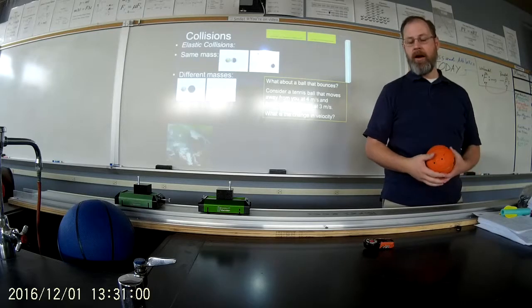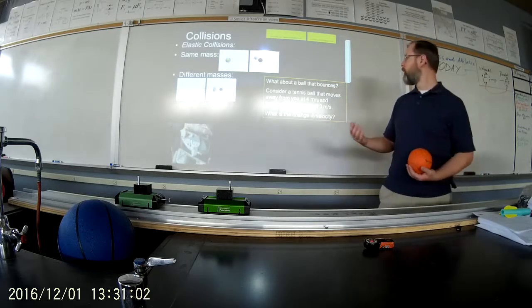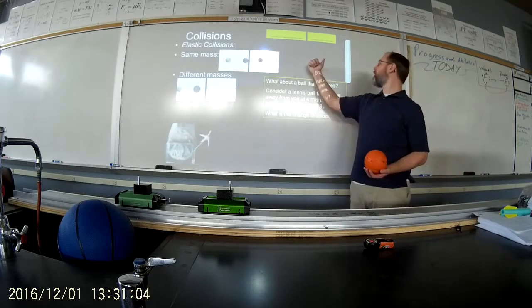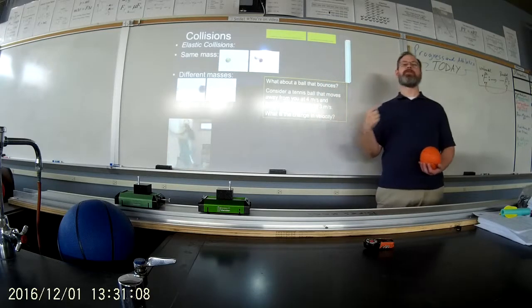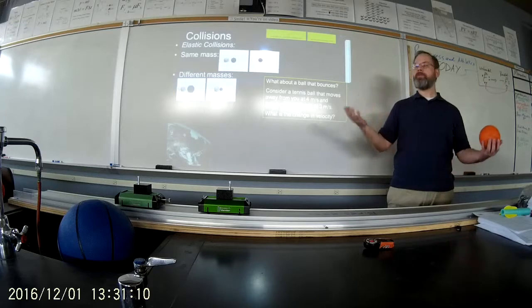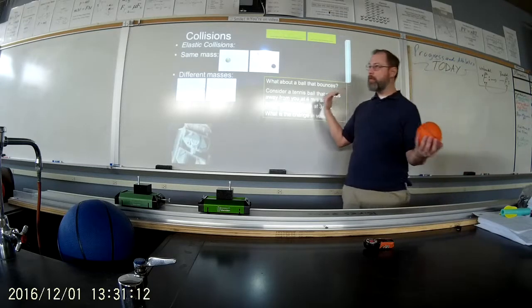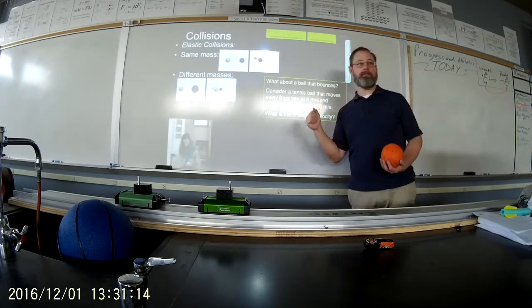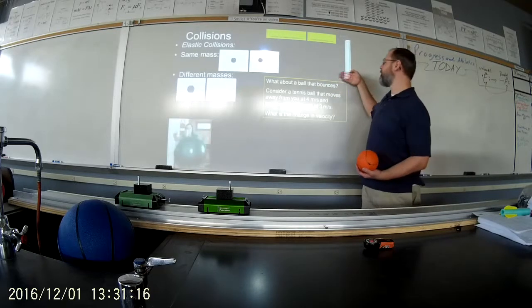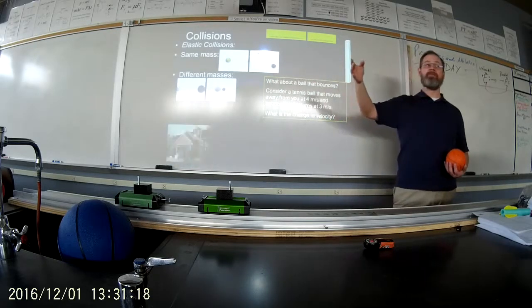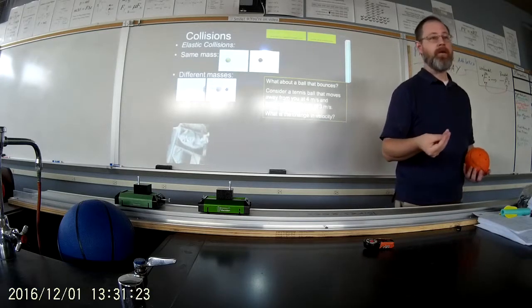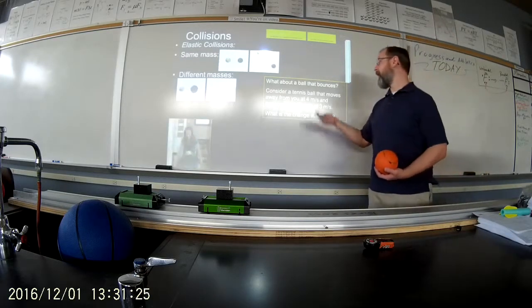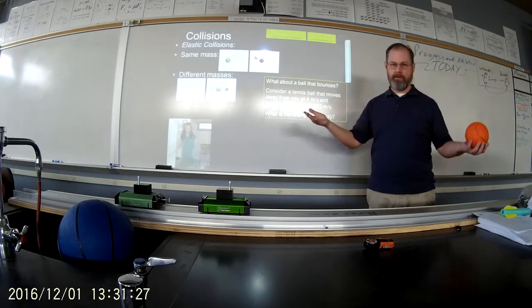Momentums are vectors. So if the 1 kilogram ball is traveling to the right with a velocity of 4, it has a momentum of +4, because we have to have a plus or minus coordinate. We're going to take to the right to be positive, to the left to be negative. If it bounces off the board and comes back at 3 meters per second, that 3 is not 3, but it is -3. So the difference between -3 and 4 is 7.